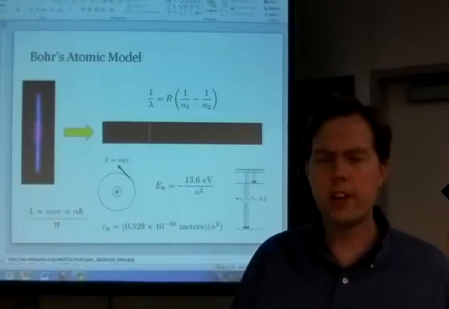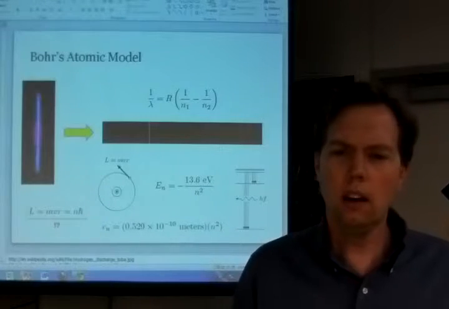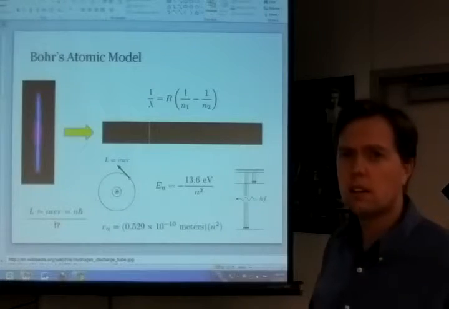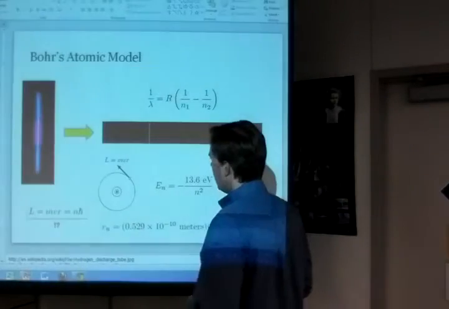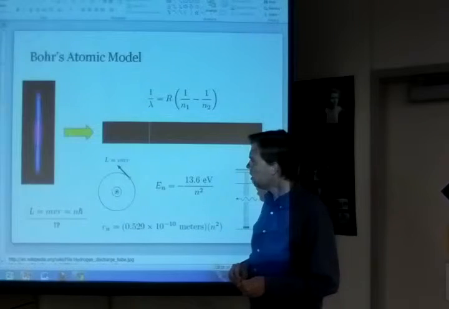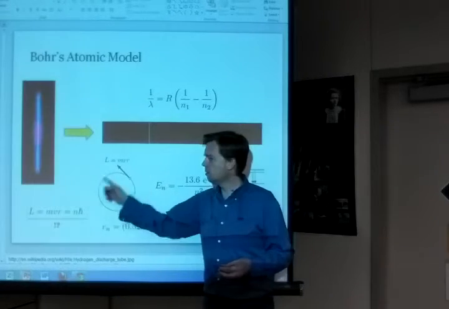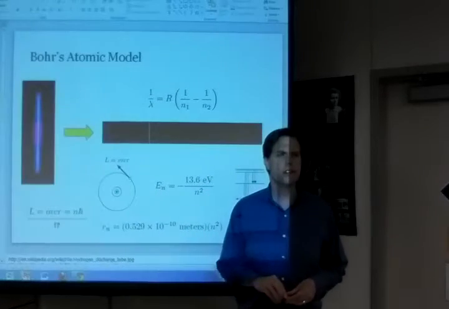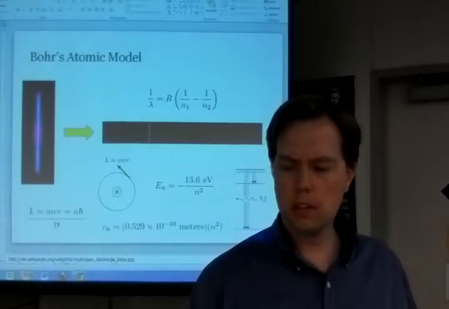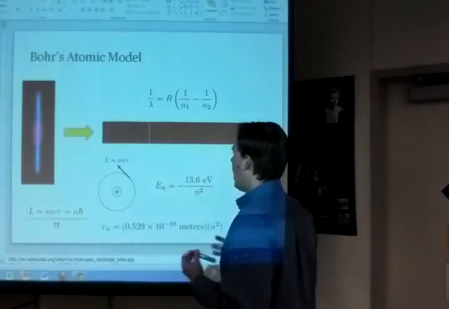So, a couple of years after Rutherford, Niels Bohr comes along and says, I don't really understand what's going on, but let's make an assumption. Let's make an assumption the planetary model is correct. And let's also assume that for some unknown reason, the angular momentum is quantized. In other words, the angular momentum only comes in certain particular units, packets.